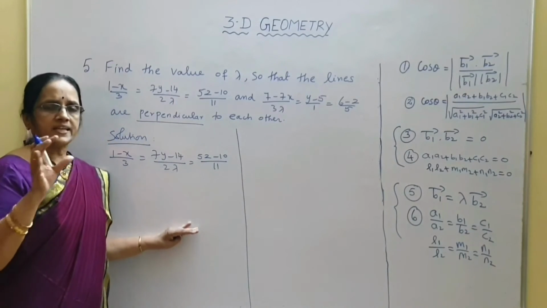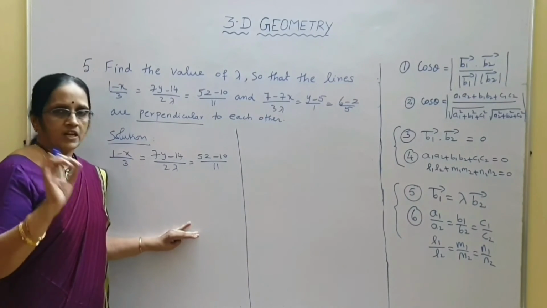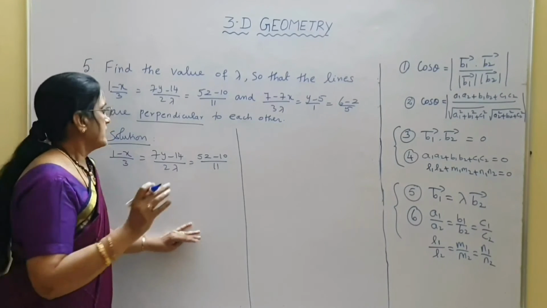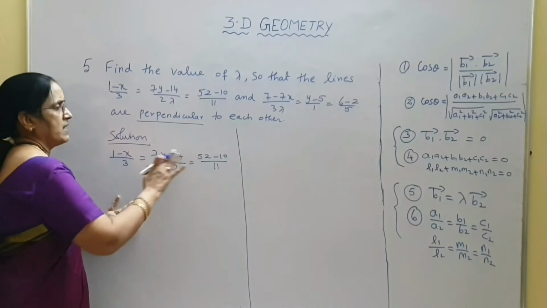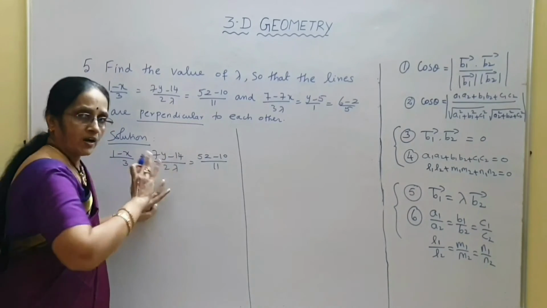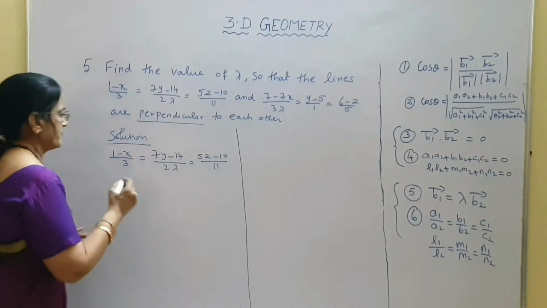We need to write the DRs of this line. Before writing the DRs straight away, we have to see whether the given equations are in standard form or not. If you see here, coefficients of x, y and z are not 1. That means this equation is not in standard form. So first let us write it in standard form.